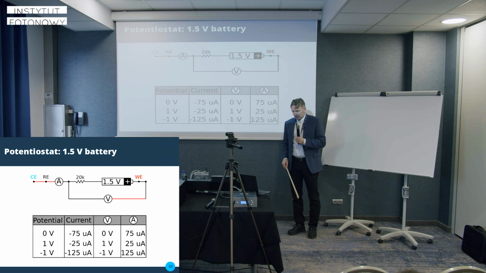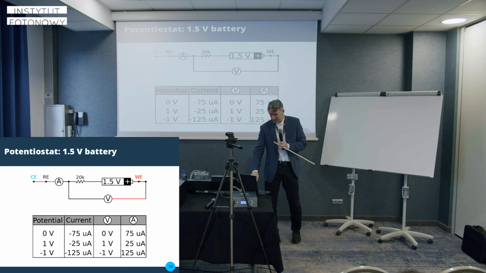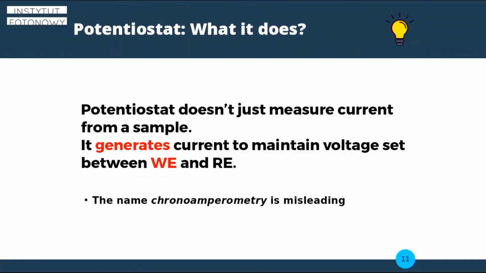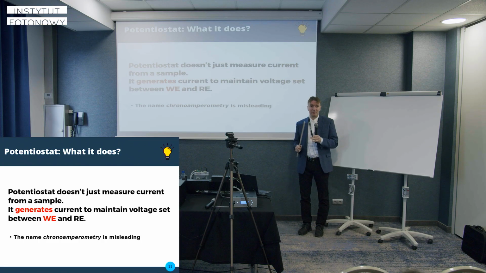the opposite sign here. And I will summarize that part, this introduction to potentiostats, that they don't just measure currents, they set the potential between 2 points, and they try to maintain this setting. Okay?